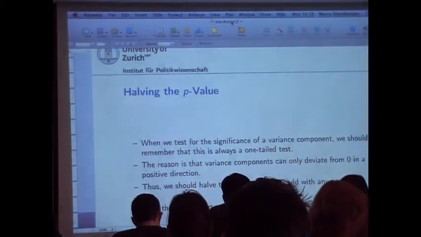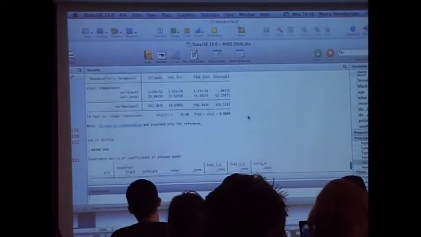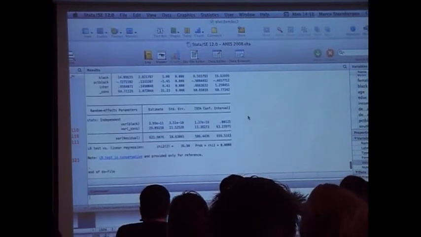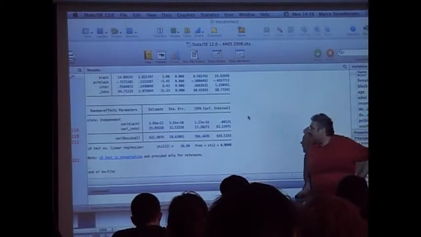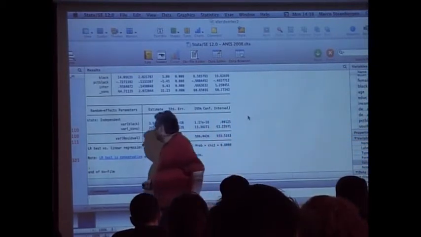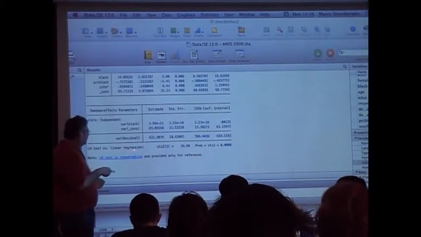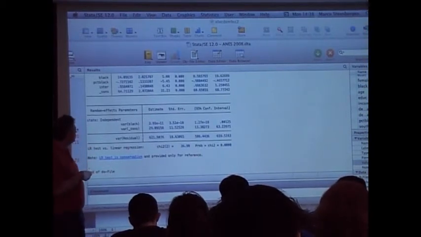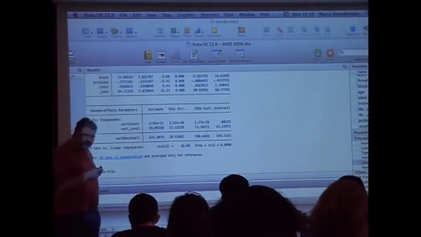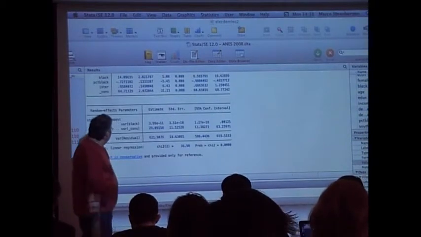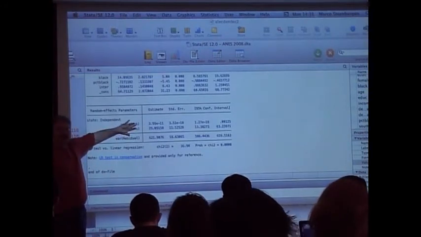So, if we go back to Stata in the xtmixed command, then what it tells us here at the bottom is LR test versus linear regression. And this LR test versus linear regression basically says, in a linear regression model, we don't have these two variance components.